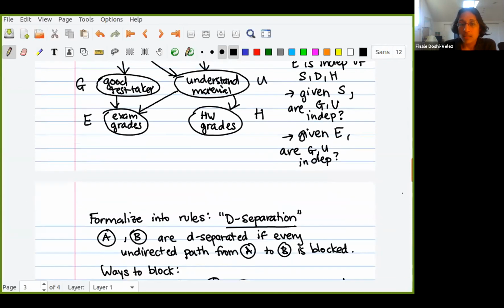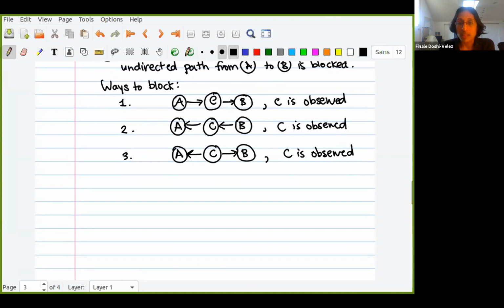And this is, again, one of these formal rules that once you see the thing that correlates A and B, then C contains any information that's relevant, that correlates A and B together. So again, observing that will result in any additional variation in A and B being independent of each other.